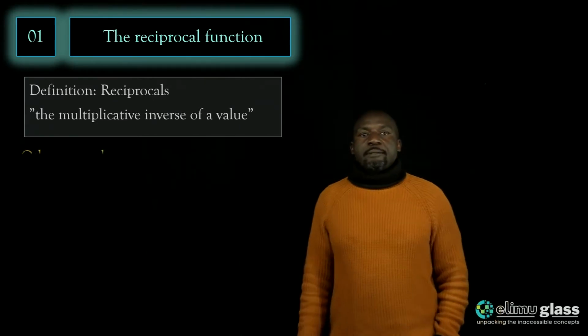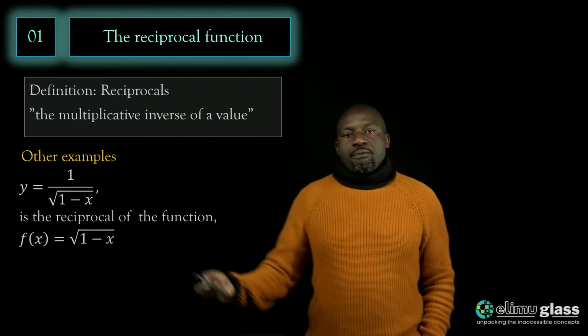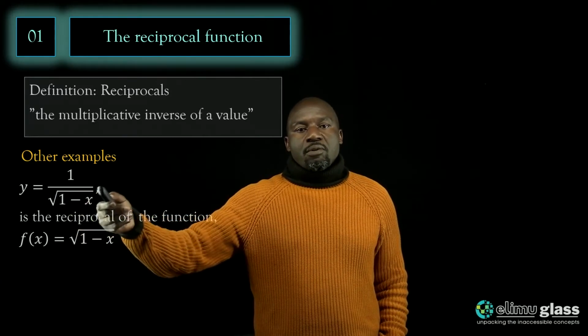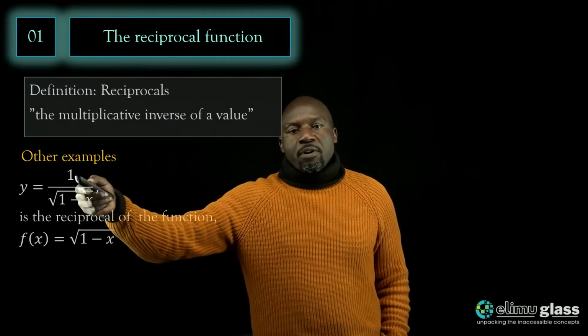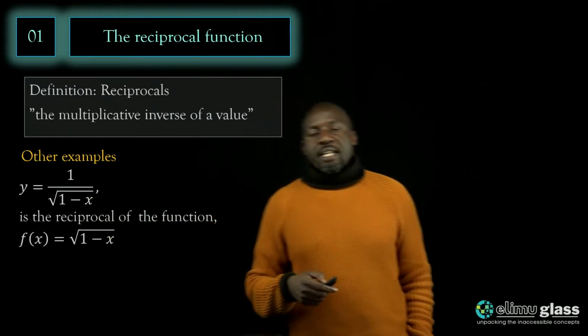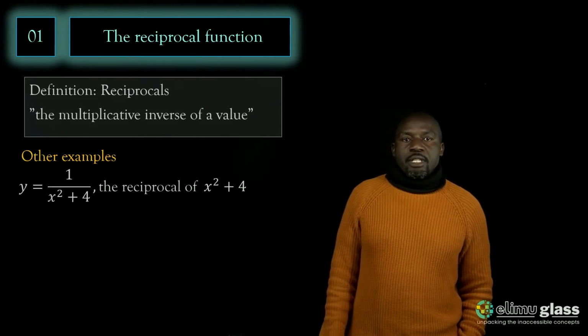I hope you got that. Here are other examples. Writing 1 over the square root of 1 minus x, well, this is the reciprocal of the function, the square root of 1 minus x, okay? Secondly, another one, perhaps, yes.